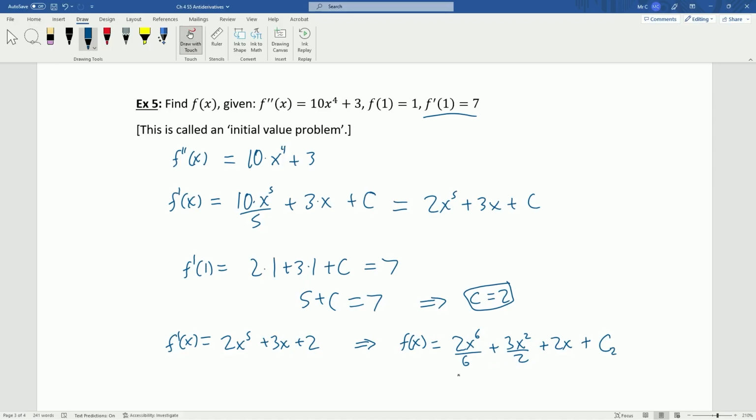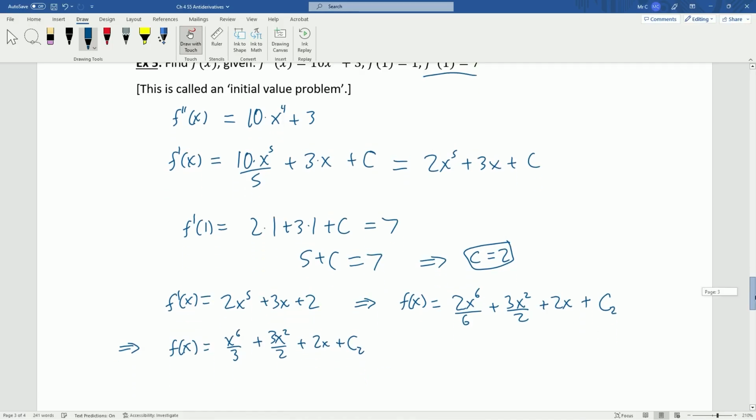Let's simplify f of x a little bit here. So we get f of x equals x to the 6th over 3 plus 3x squared over 2 plus 2x plus c2.